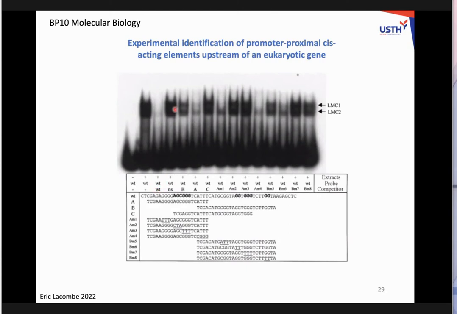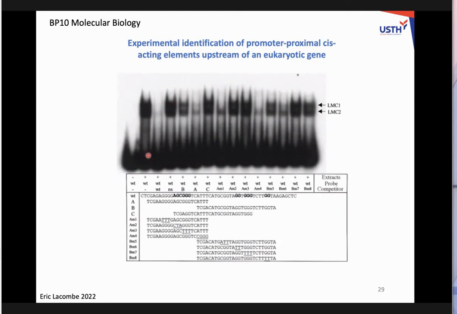The fourth lane, where you see the two big complexes, is exactly the same as the previous one, but the competitor is a fragment of DNA that is completely different from the probe. And you see that the complexes are formed again.